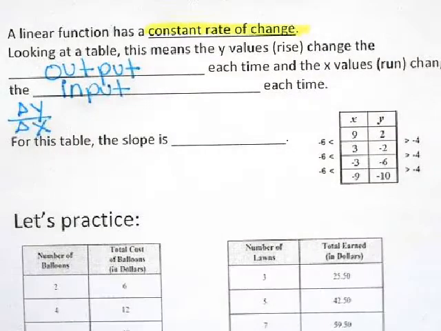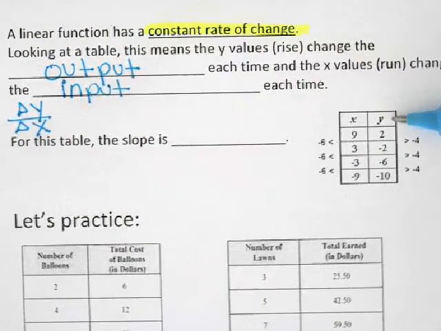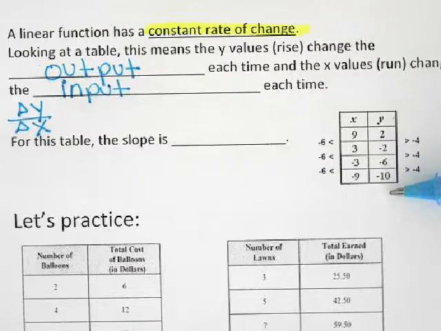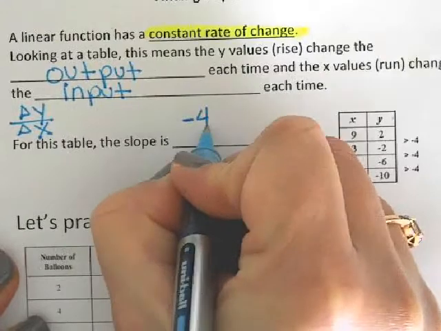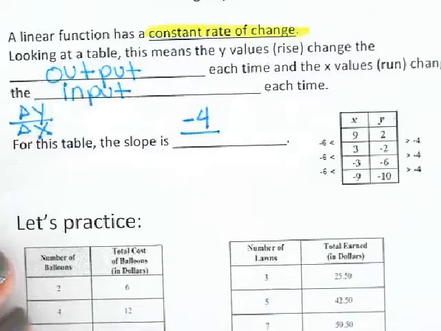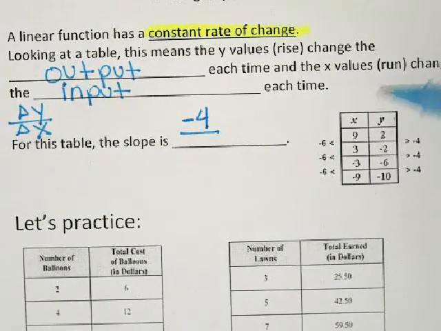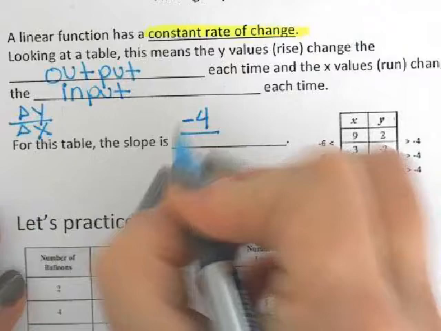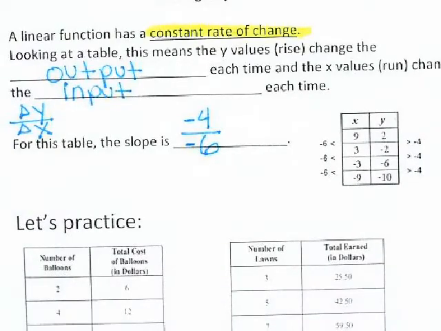Okay, so when we look at our table, first we have to identify what the y values are, and usually those are the numbers in the second column, and sometimes it is labeled with y, and it's already given for you. So the change in y is -4. So we're going to have -4 in my numerator spot. The change in x, and again, you want to check all of them, not just the first one, is -6. So -4 over -6.